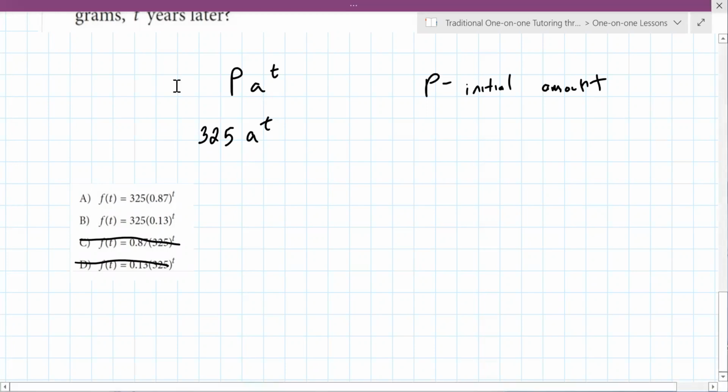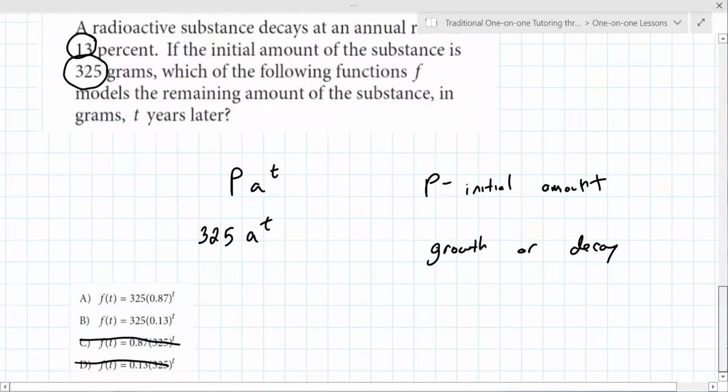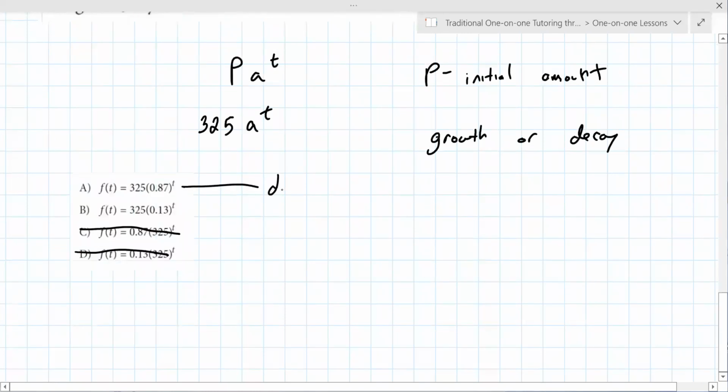So is this a growth or decay model? Decay. It's a decaying model. Now these right here are actually both decay models. The reason I know that, and this would have been covered maybe in your Algebra 2 class, is because the number in parentheses is between 0 and 1.